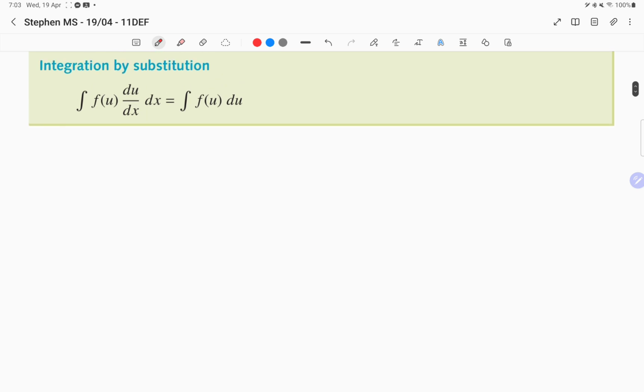And now this one, the idea is that when you antiderive a function f(u), a function of u, and then inside that you are multiplying that by, this is the key, du over dx. So the derivative of u with respect to x, and then everything is with respect to x.